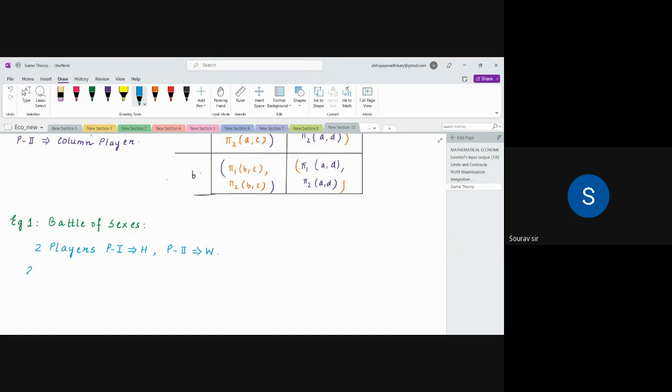There are two options for both. By options, I mean two strategies that they can take. So that means their strategy sets are the same, capital S1 equals capital S2. It is either go for dinner or watch a football match.